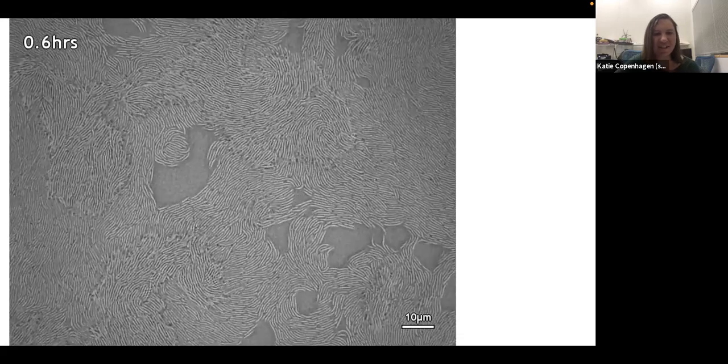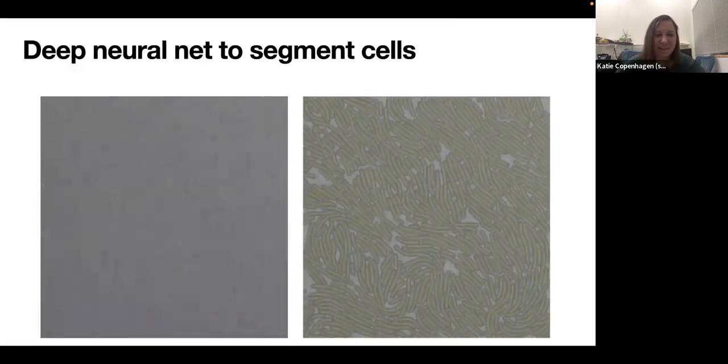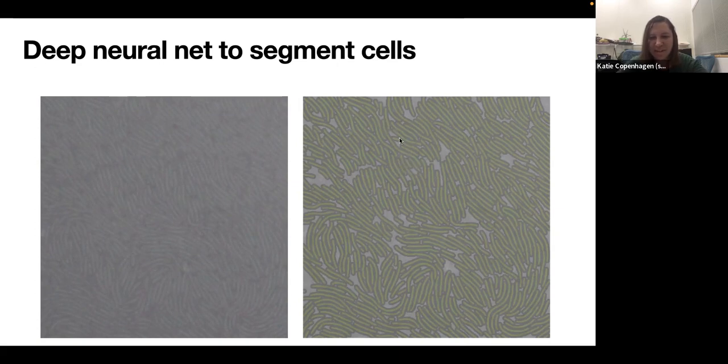We're going to use some deep neural nets to segment all of the cells within the monolayer to try to track them. We have these images of the cells, and then I, by hand, spent a long time drawing a mask. This is my ground truth of where all of the actual cells are located.